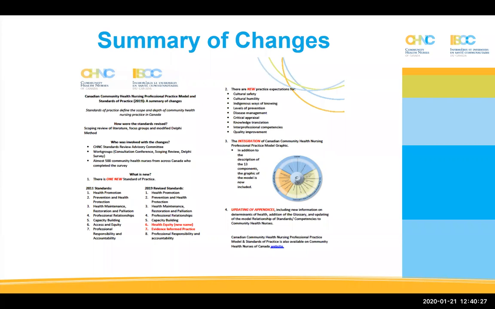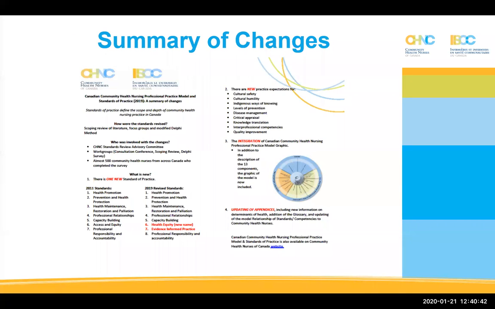And as you see here on the slide, one of the key things is that there is one new standard of practice, and then looking at how do we engage and integrate that into the work that we do.